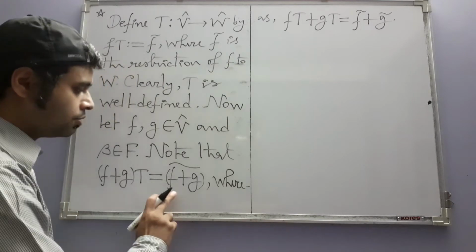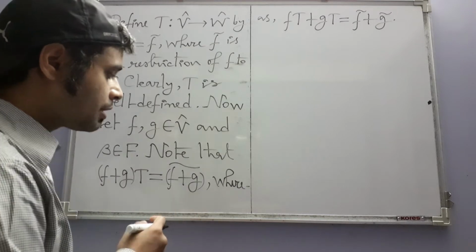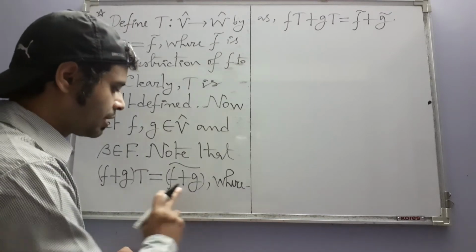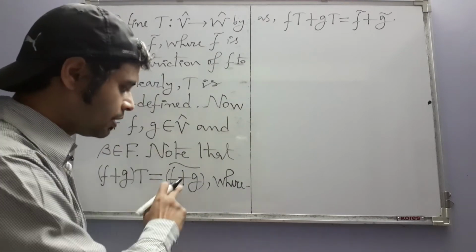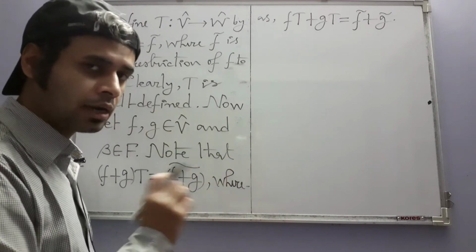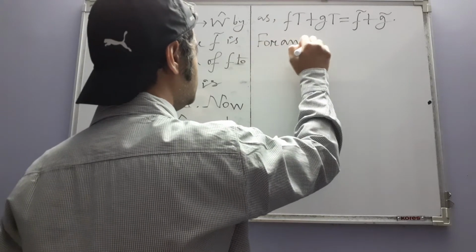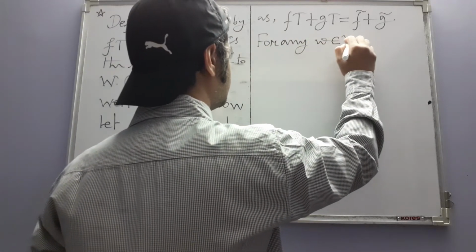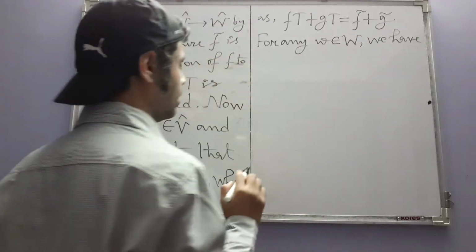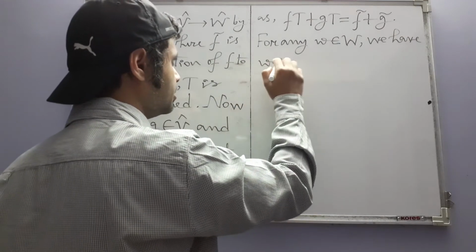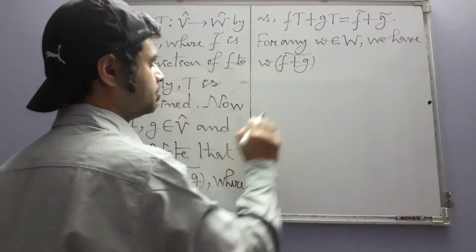Okay, so now we want to prove that this function and that function are actually equal. But what type of functions are they? Each one of them is a function from W into F. So let's see how they behave on a given input coming from W. For any w belonging to W, what happens when we apply this restriction on W?